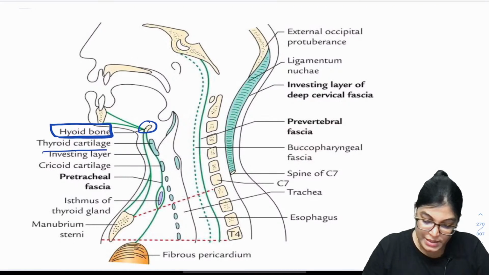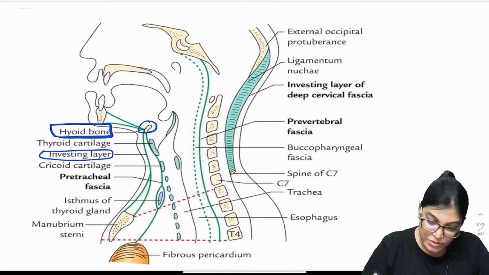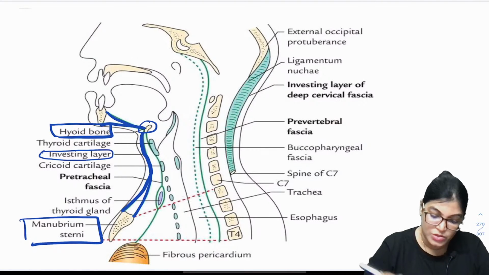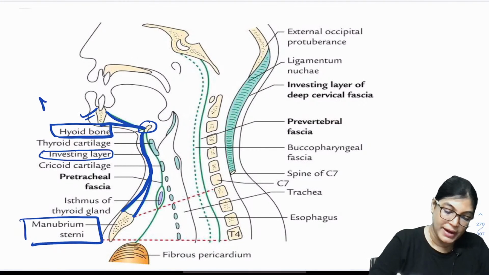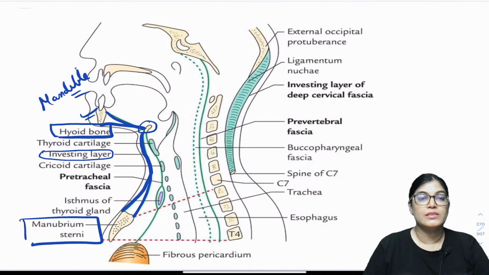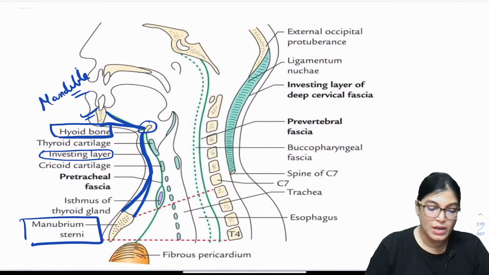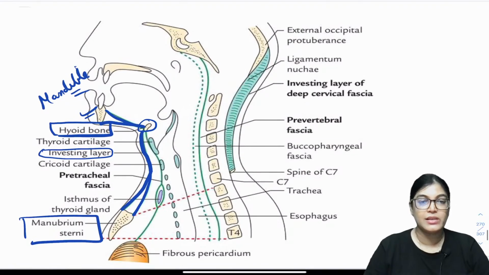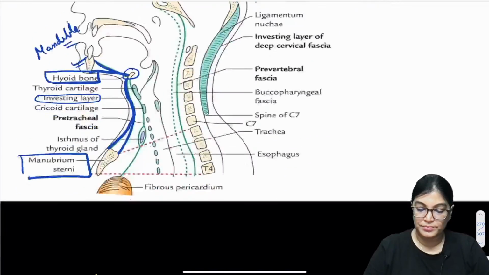Lower to it you can see this is the investing layer, dividing into two layers and enclosing the manubrium sterni, and above also it divides and attaches to the mandible. So, this was the investing layer of deep cervical fascia. Now, let us move on to the next layer, that is the pre-tracheal layer.